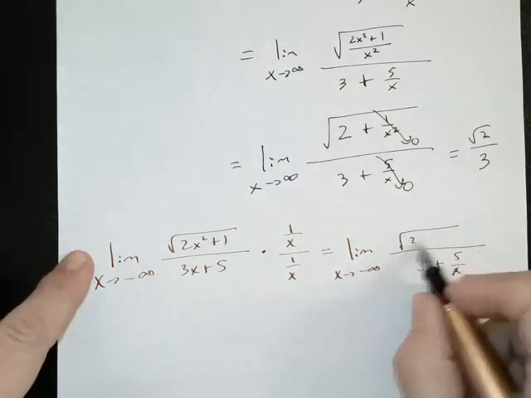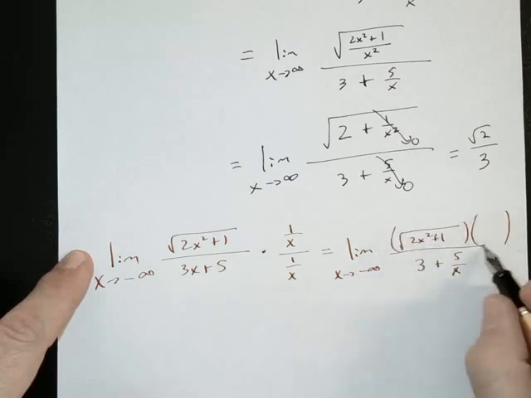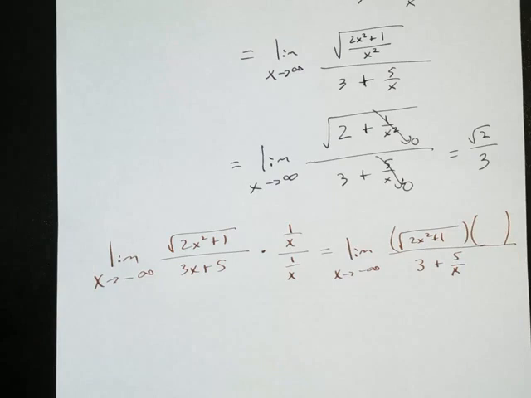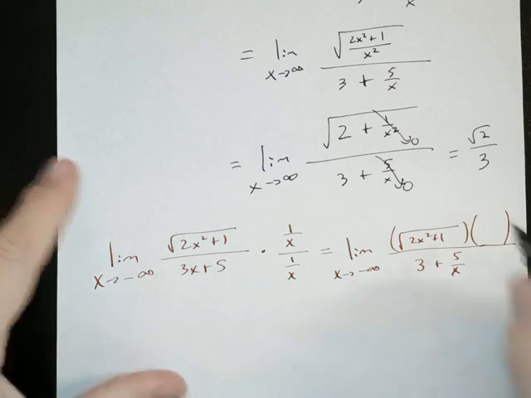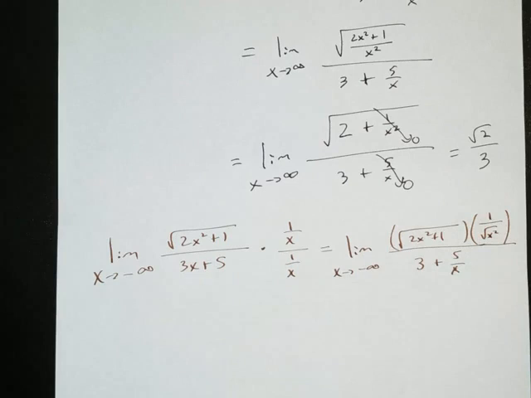But on the top, I need to know what to put in that set of parentheses. And my brain says, hey, you did this before, do it again. Write 1 over the square root of x squared. But that's not right. Why the hell not?